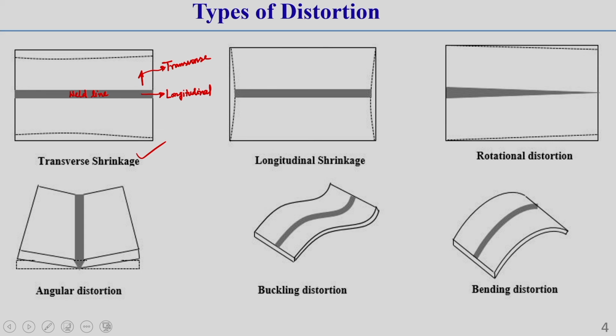Now, you see the distortion which occurs perpendicular to the weld line direction. Initially the plate had this original shape.